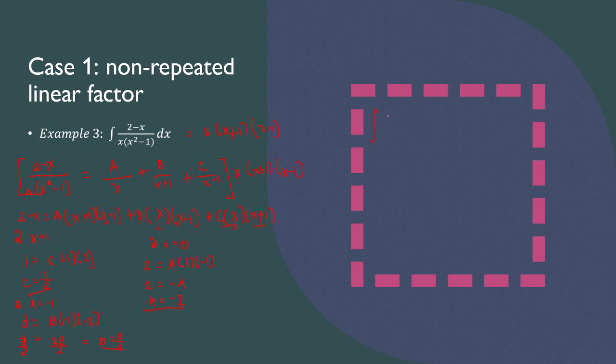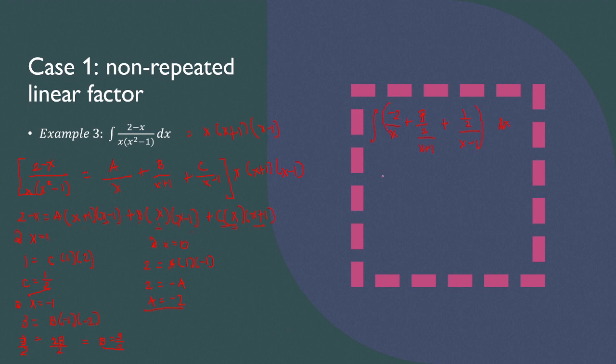That's the integral of a over x, oh sorry, a is negative 2. Let's substitute negative 2 over x plus our b, which is 3 halves, so 3 over 2 all over x plus 1, plus our c, which is 1 half over x minus 1, dx.